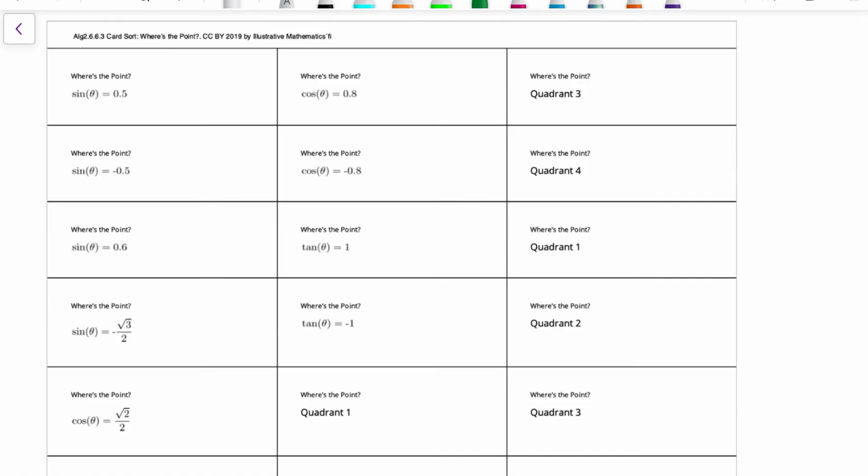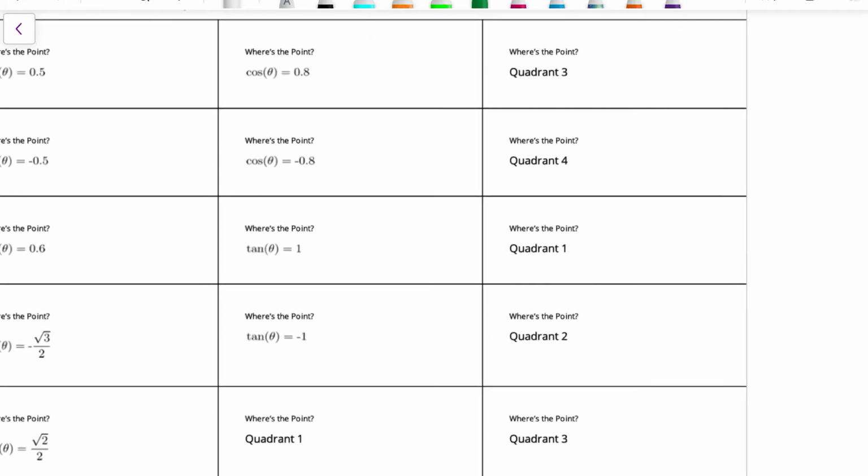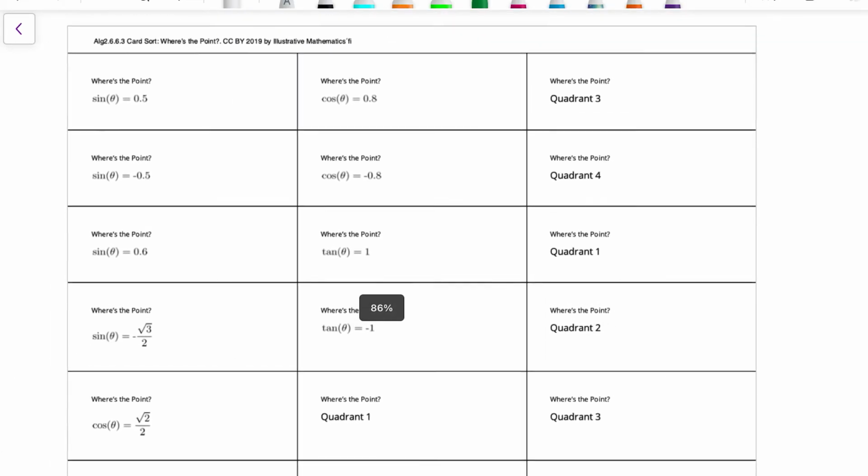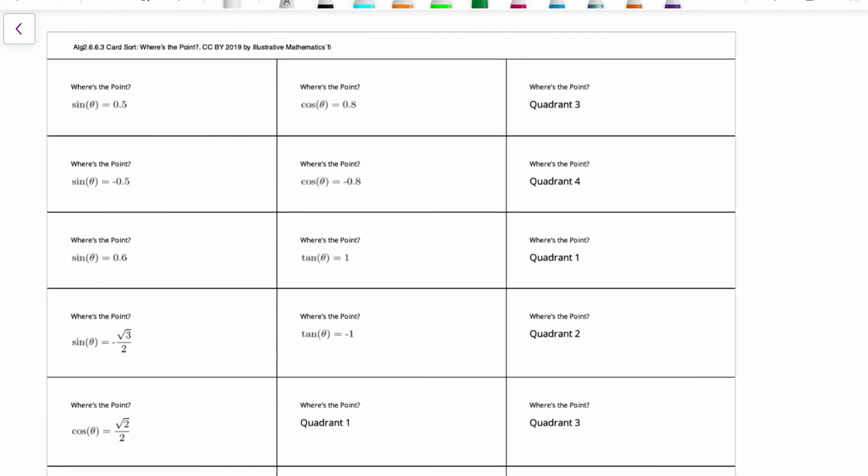And so we have a set of cards that have sine, cosine, and tangent values, and then we have cards that have quadrants. Ideally these would be cut up, but this is digital, so we can't do that. First we're going to identify two pairs that are possible in the unit circle.